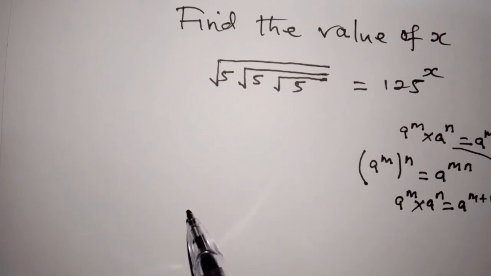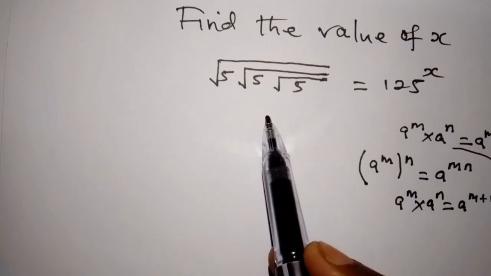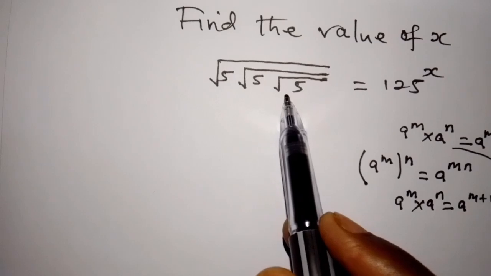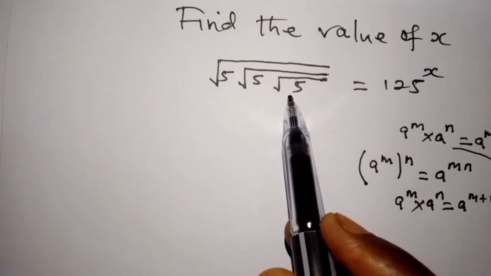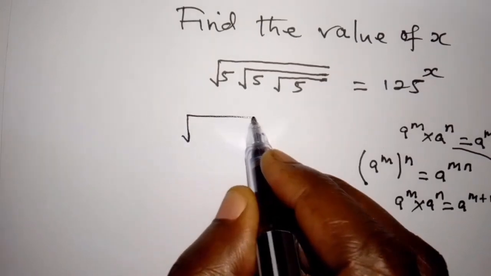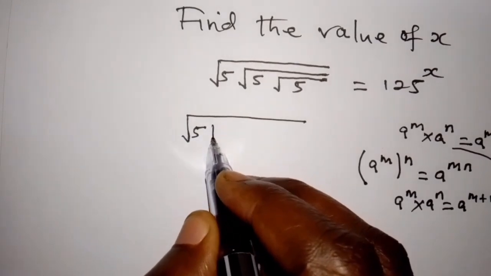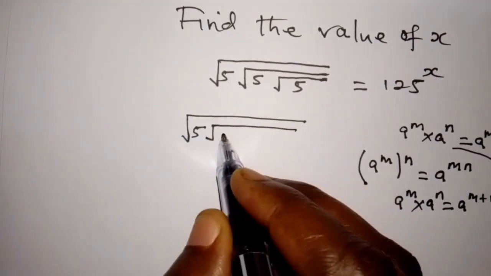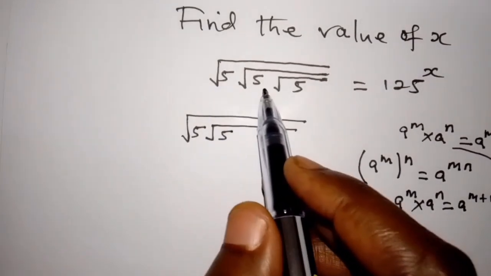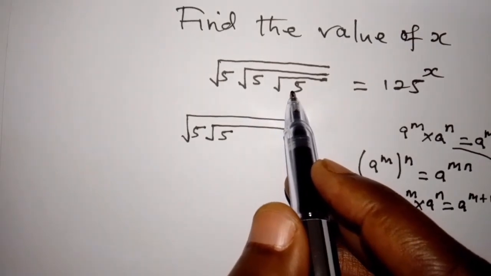So now we can express this one here as square root of 5 into square root of 5 into square root of 5.